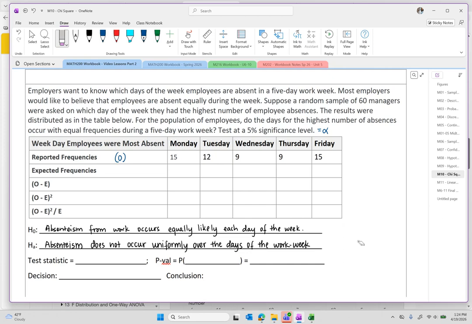So absenteeism occurs equally likely, or we can say uniformly, each day of the week. And the alternative hypothesis is that absenteeism is not uniform over the days of the work week. For example, I would have claimed that Monday and Friday are more popular than the other days of the week. So we want to do this test.